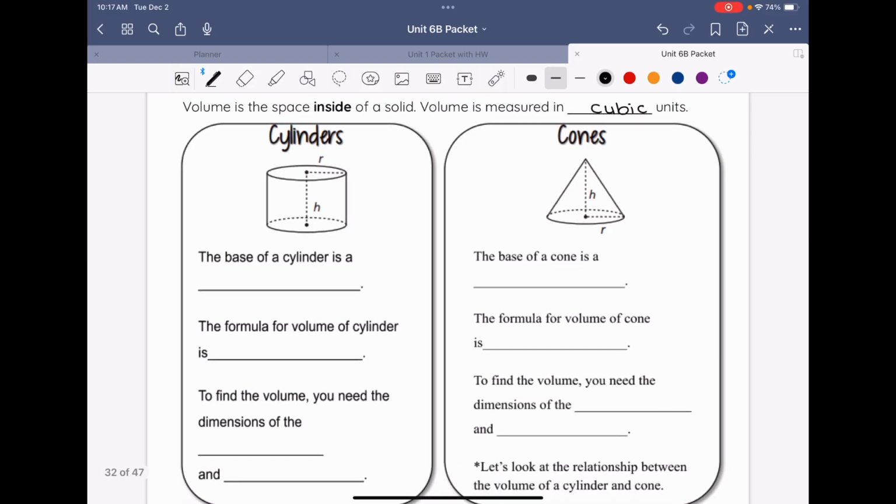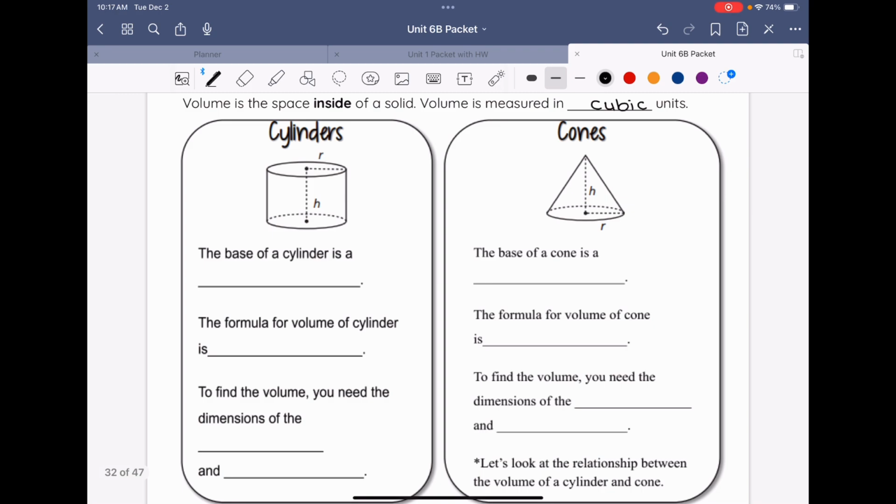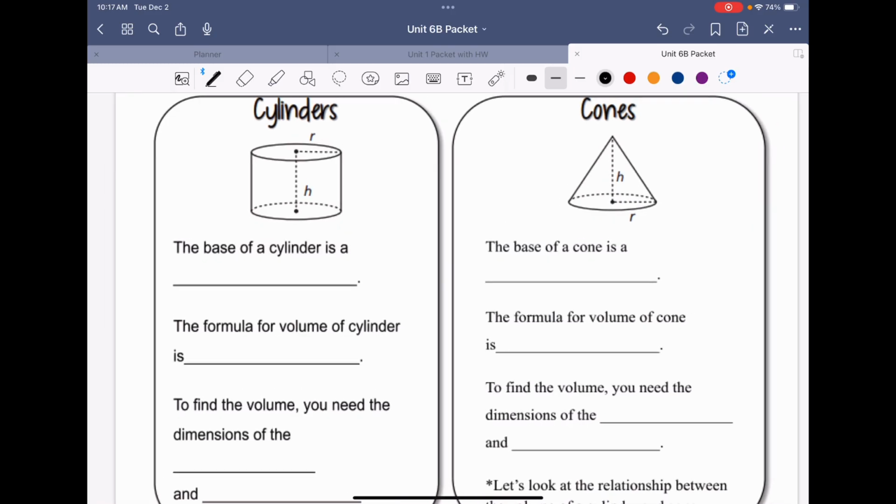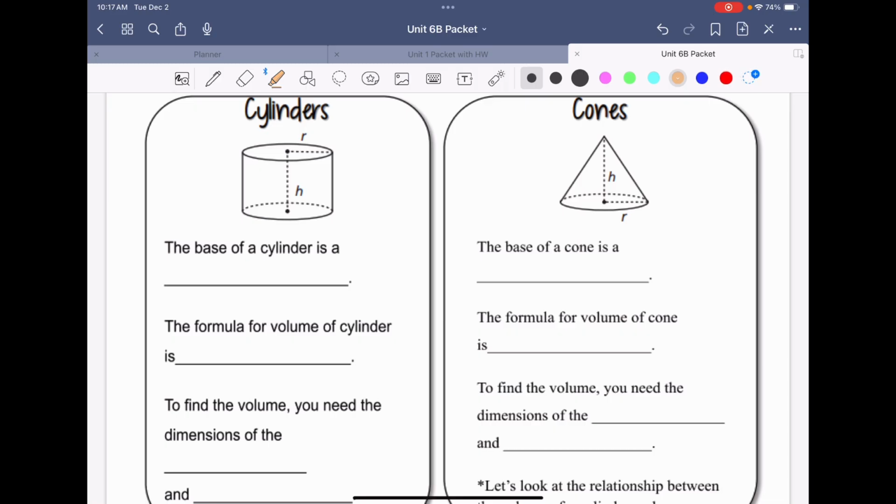So the specific thing that all three of these things have in common is they have to do with circles. So in some way, we're going to have to deal with a diameter and a radius. When we talk about a cylinder, the base of our cylinder is a circle.